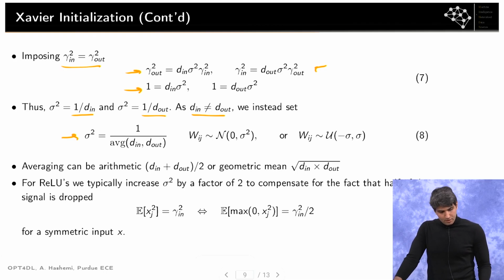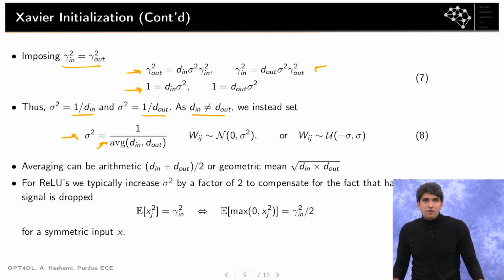Therefore, we find a nice formula for the strength of these randomly initialized weights. We set each weight to be a zero mean random variable, independent of the other weights, such that its variance is given by this formula.